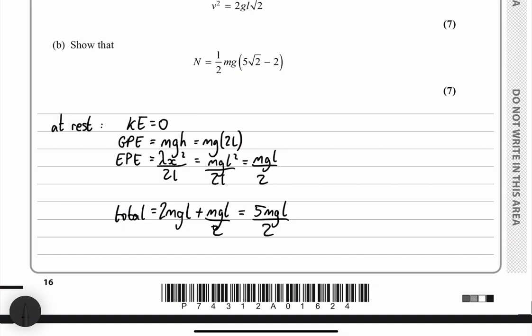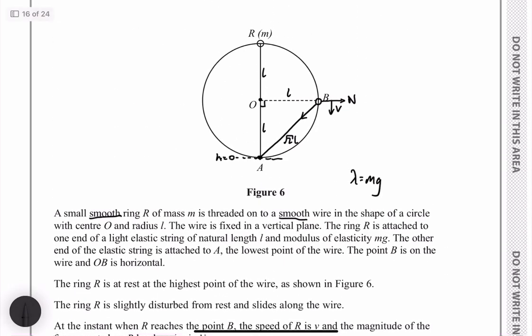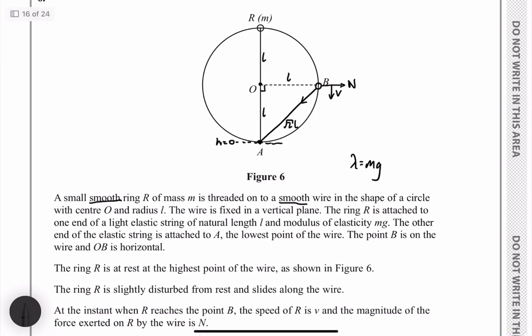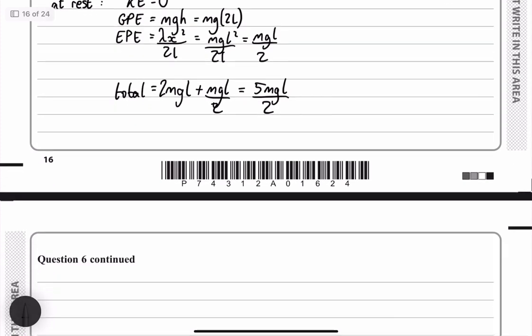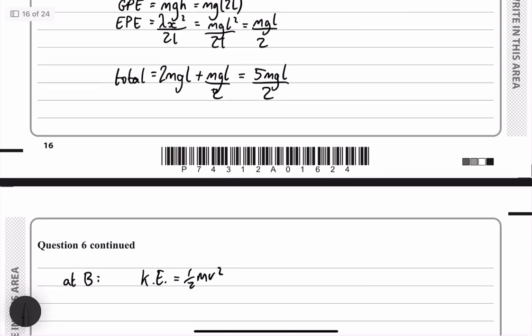Now that total must stay the same because there's no friction, so the energy is being conserved when we get to point B, where we do have kinetic energy. So at B, kinetic energy is equal to a half mv squared, which is how we're going to find v.